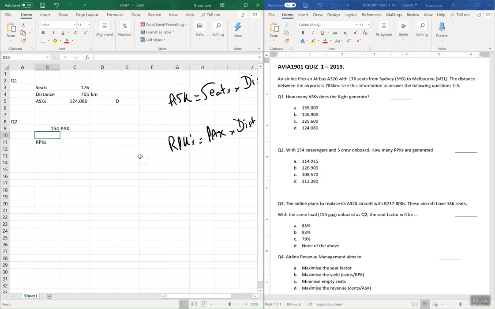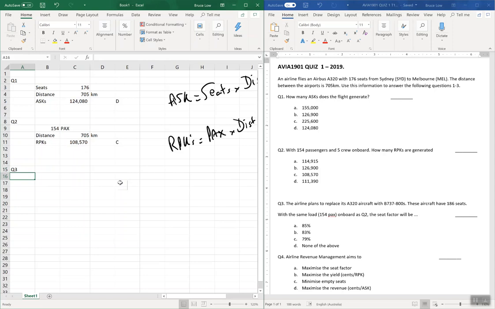So we only look at the revenue paying passengers, which is 154, and we know our distance. Distance is 705 again. So our 154 passengers times kilometres gives you 108,570. So the answer is C for question 2.